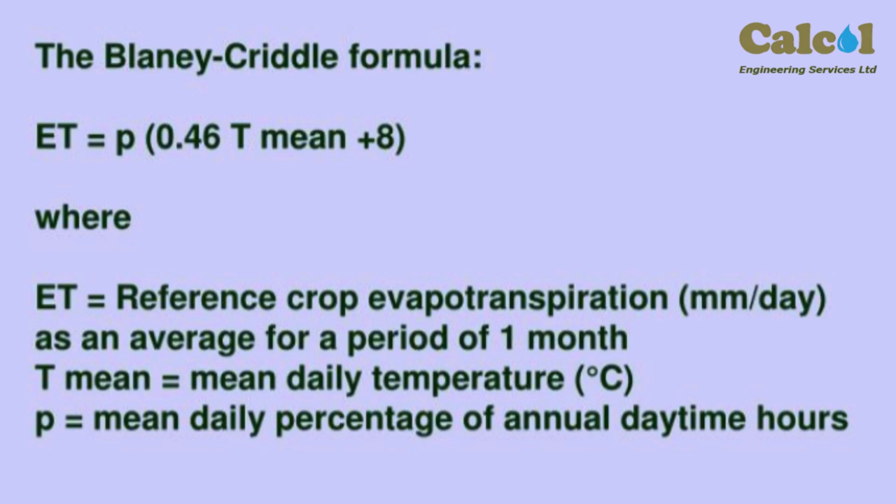When determining the ETo, which is the reference rate, using the Blaney-Criddle method, it is given by the formula that is shown.